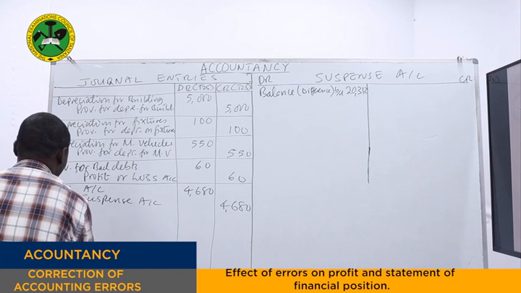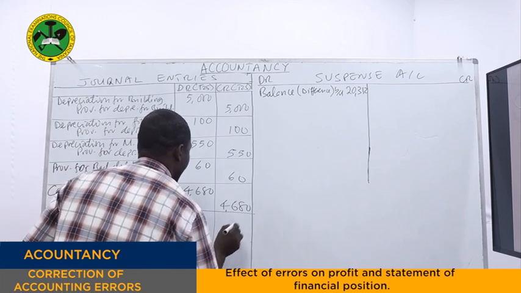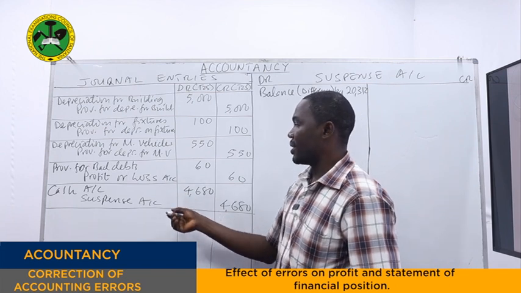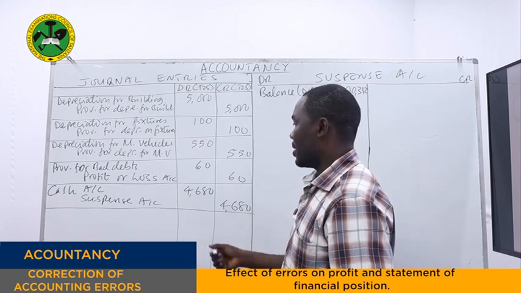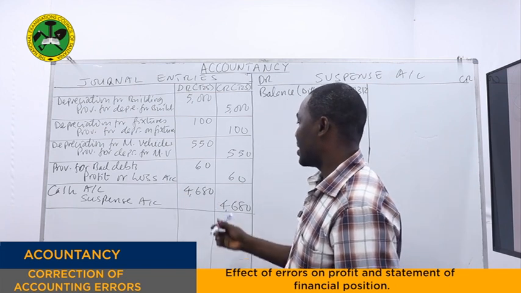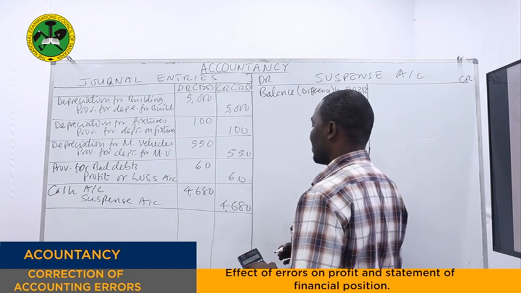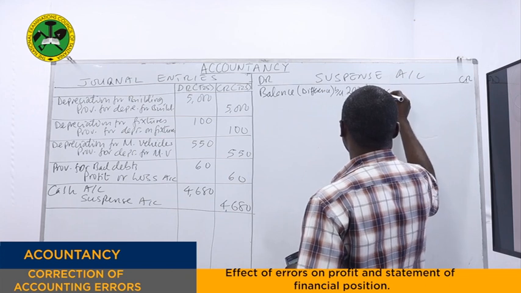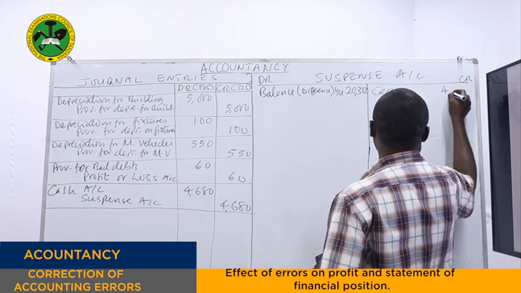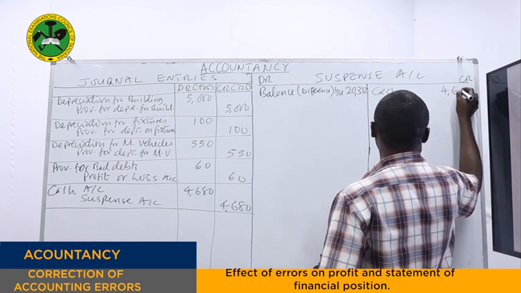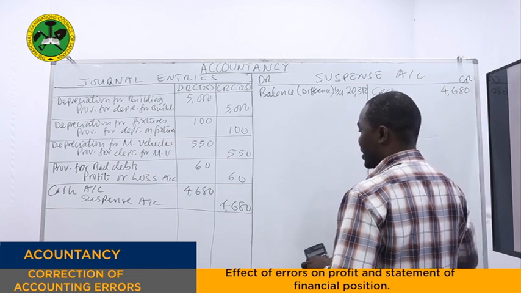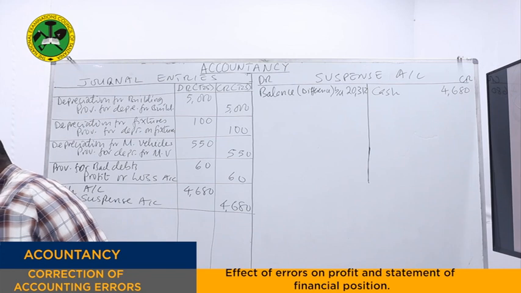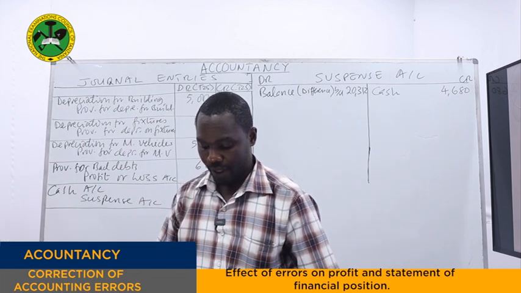So remember to write the narration. Because this error was originating only in one account, we carry forward this to the suspense account by writing the corresponding account, that is cash account 4,680. Then we go to the next item.